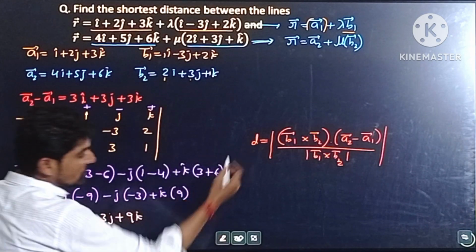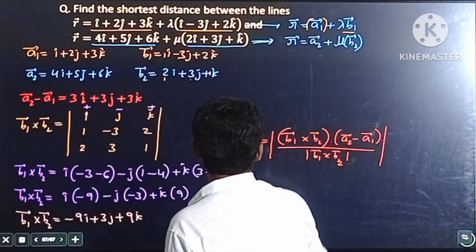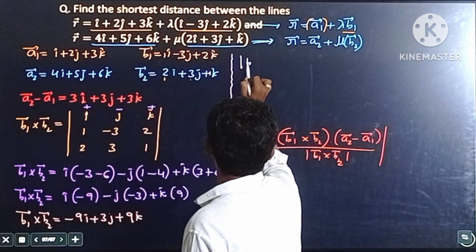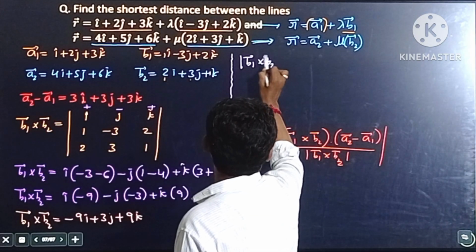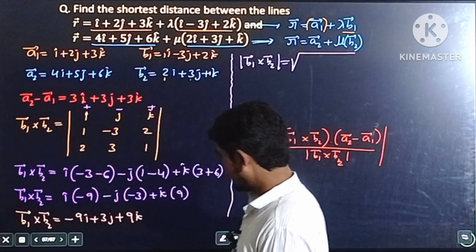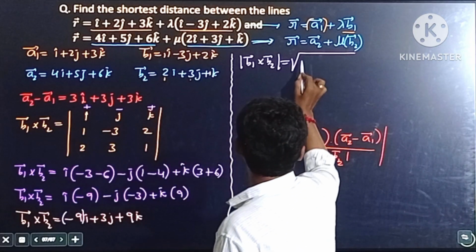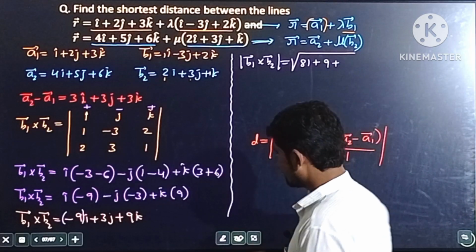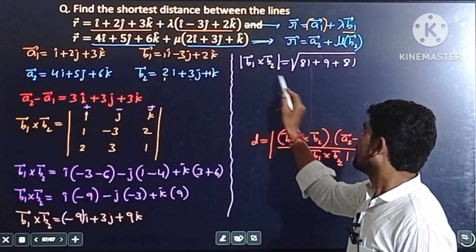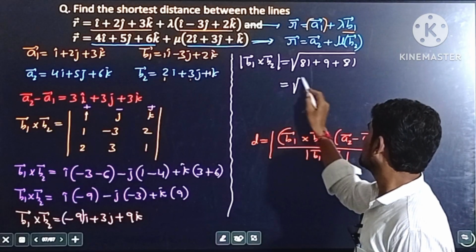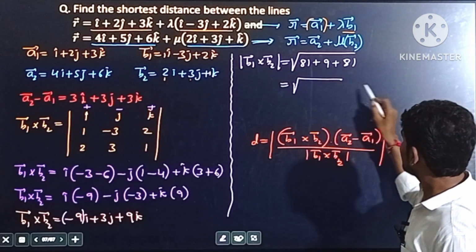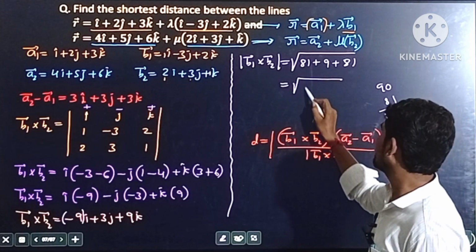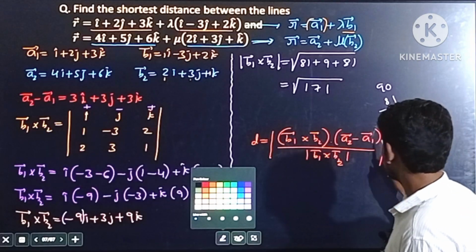And then we need the magnitude of b1 vector cross b2 vector. It is the square root of minus 9 squared, 81, plus 3 squared, 9, plus 9 squared, 81. That is the square root of 81 plus 9 is 90, 90 plus 81 is 171.